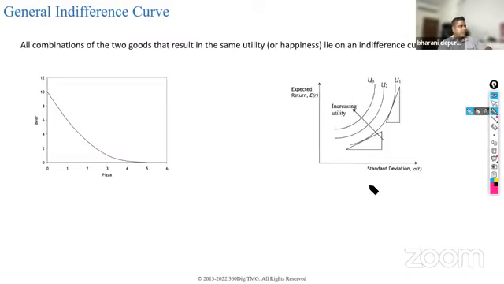Okay, on similar lines, you can draw expected return on y-axis and risk or standard deviation on x-axis. Here the curve is like this. Here the curve is inverted. On an average, people like both beer and pizza.